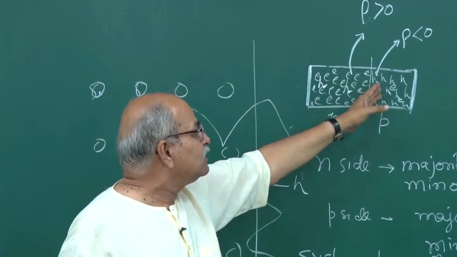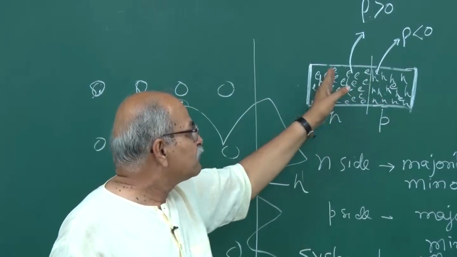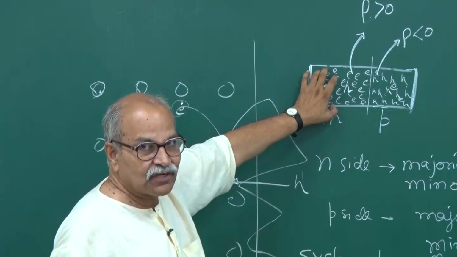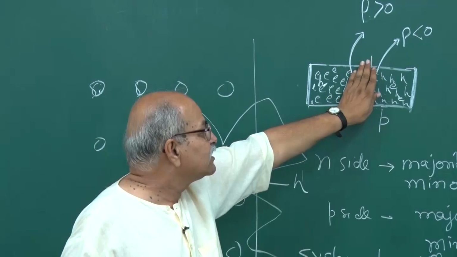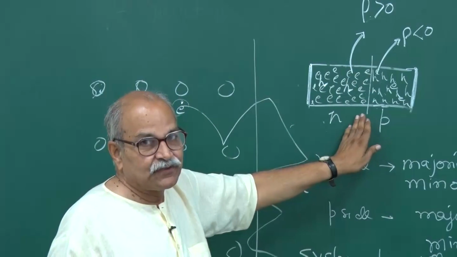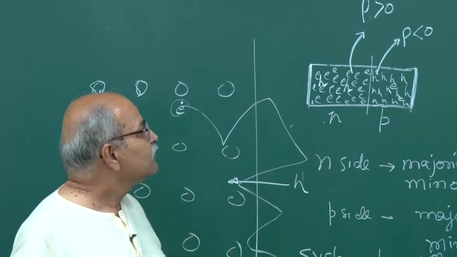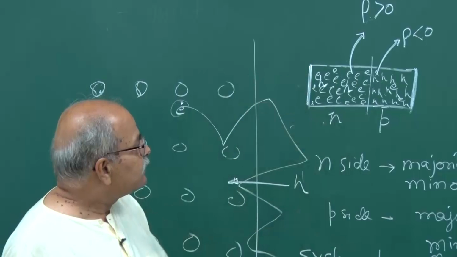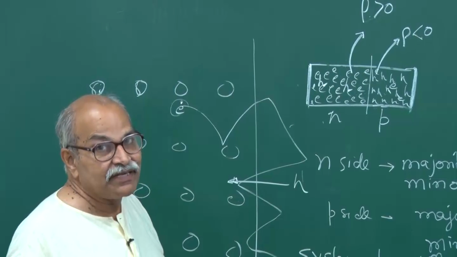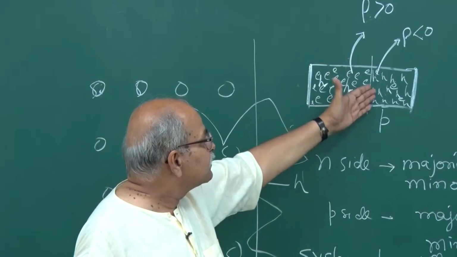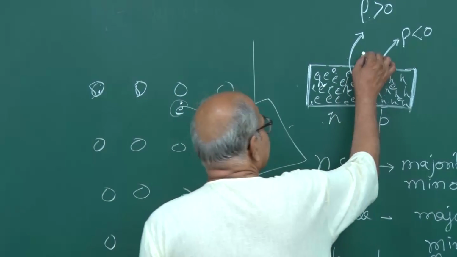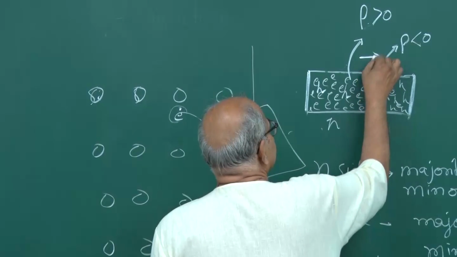Close to the junction this will happen, and away from the junction the situation is still neutral. So, this charge density appears only in a small portion which is close to the junction. Why? That is because once the charge densities are there, you will also have an electric field. Okay? If the positive charge density is here, negative charge density is here, you will have an electric field like this.